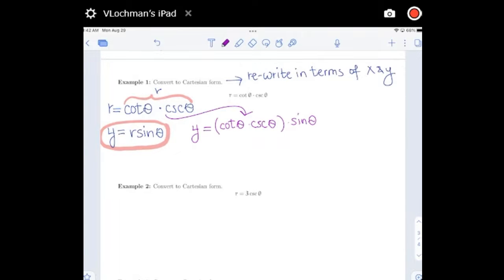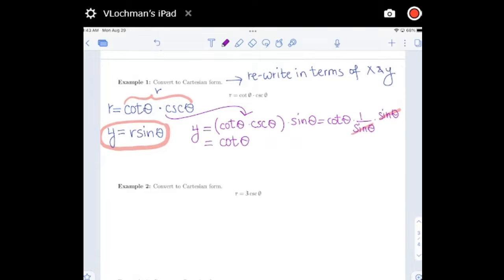All right, let's see if we can do anything about this. Cotangent theta, cosecant theta times sine theta. Cosecant theta is what? That's 1 over sine, right? So these two cancel out, and we just end up with cotangent theta.